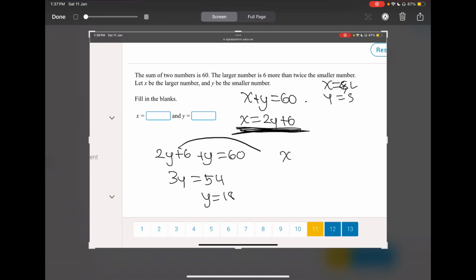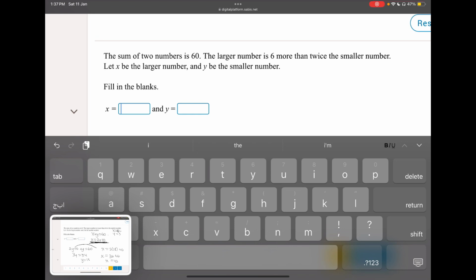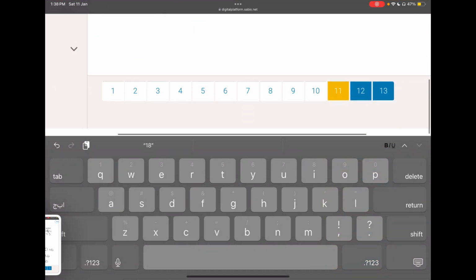So x equals 2 times 18 plus 6. So x equals 36 plus 6, which is 42. Okay? So we have x equals 42 and y equals 18.